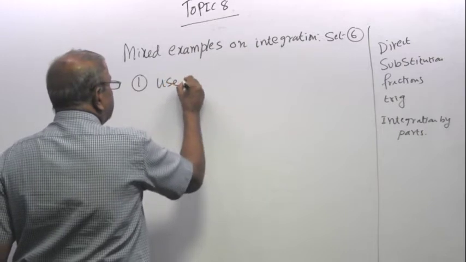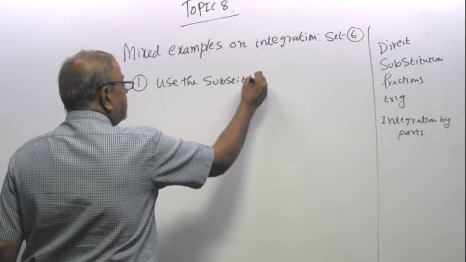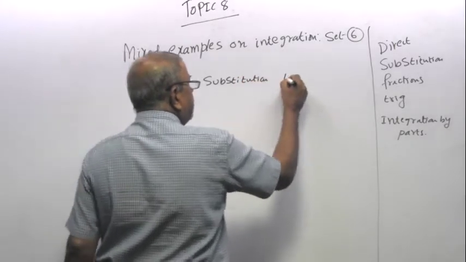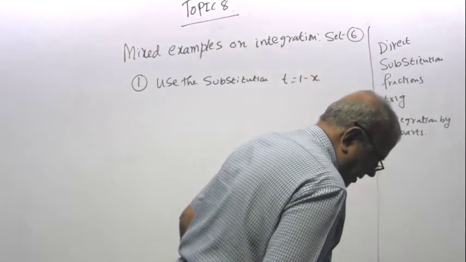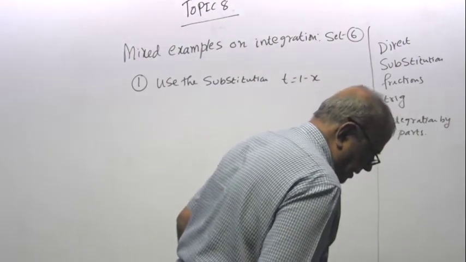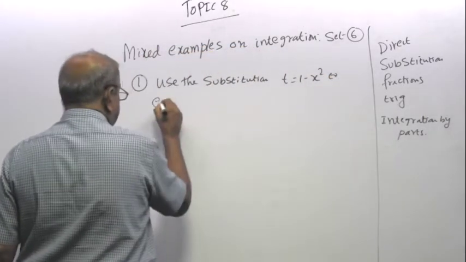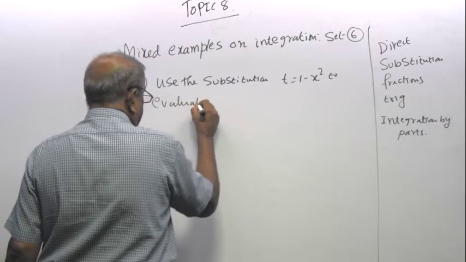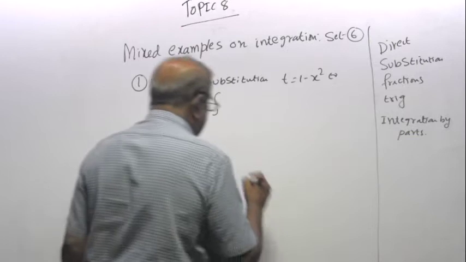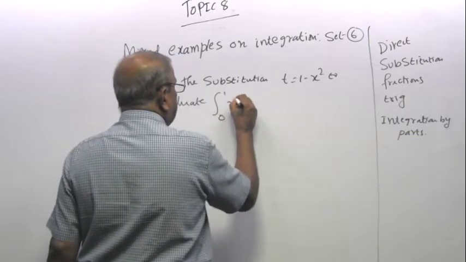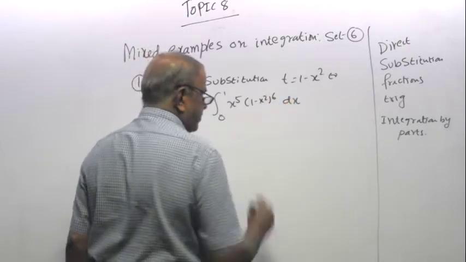Use the substitution t equal to 1 minus x, sorry, 1 minus x squared, to evaluate the integral from 0 to 1 of x power 5 times (1 minus x squared) power 6 dx.